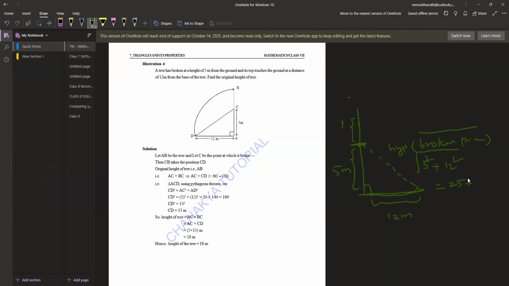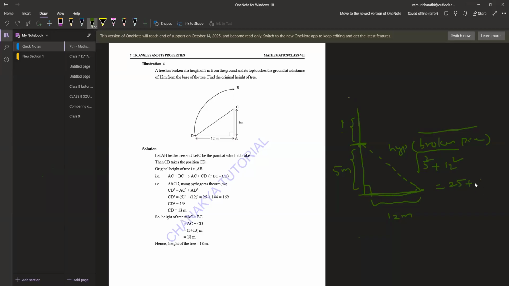What is the value of 12 square? 144. Super, it's 144.